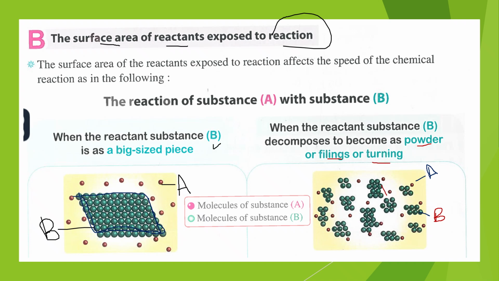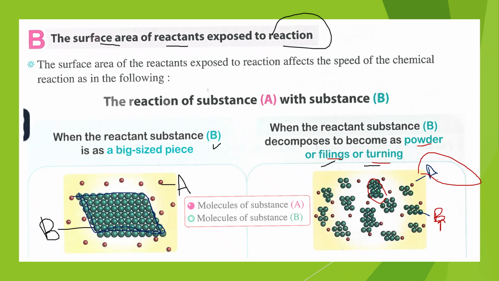They can easily react with substance A. As a powder or filing or turning, they can be easily reacted with A. On the other side, only the outer surface can react with substance A.